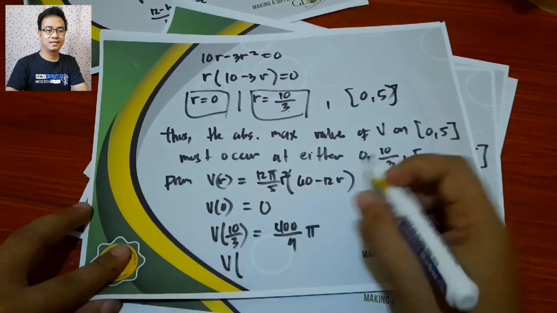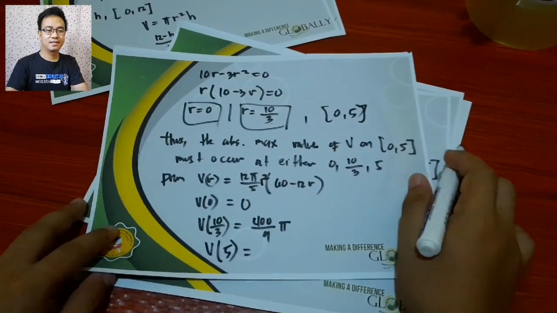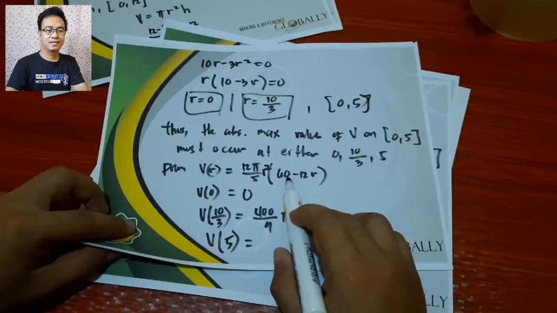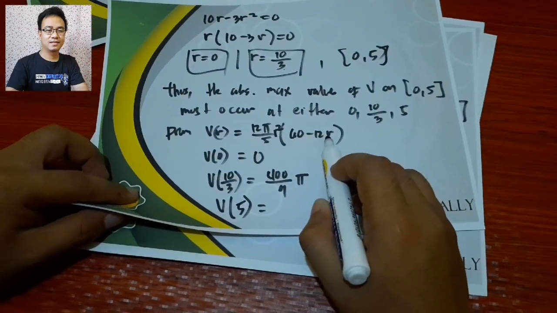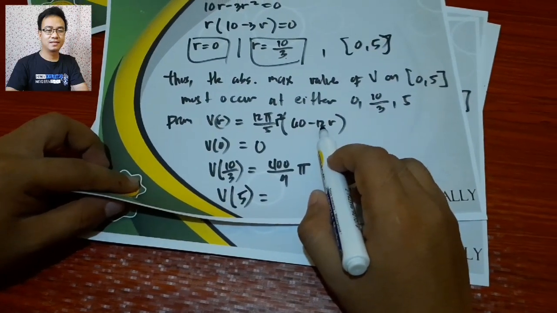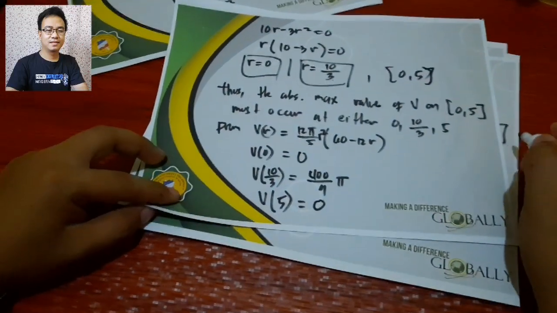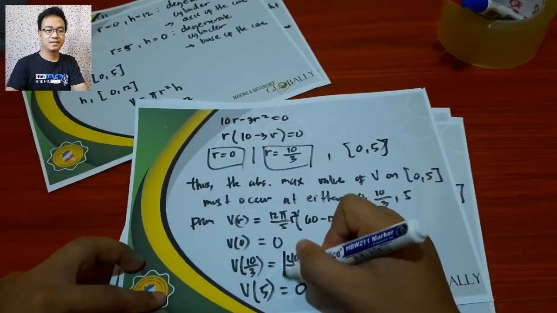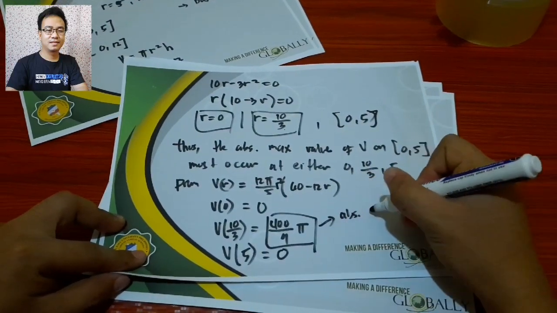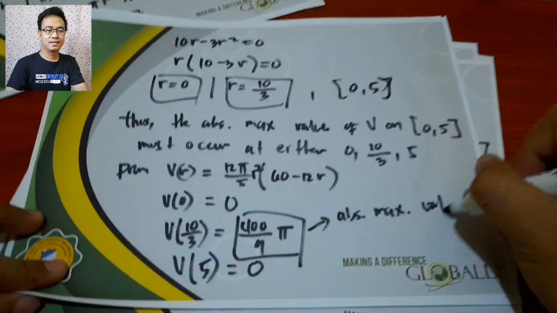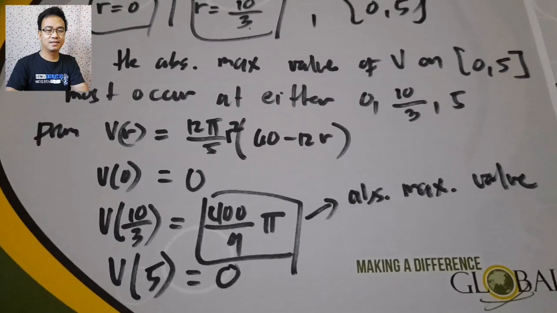And if we substitute R equal to 5, then this one will be 60 minus 12 times 5, which is 60. 60 minus 60 is 0. Then the whole of this will become 0. Therefore, as you can see, this one is the highest. So this is the absolute maximum value, 400 pi over 9.